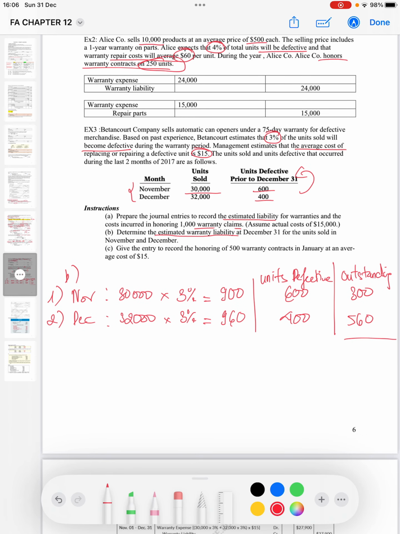And the total outstanding is 860. So the estimated warranty liability is 860 multiplied by their cost of 15, which is 12,900.